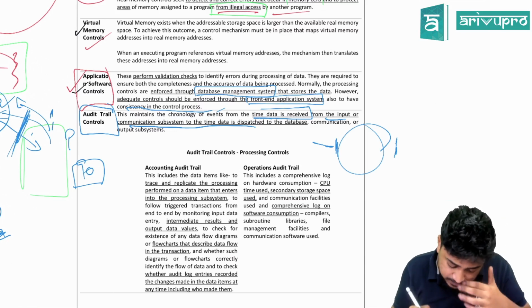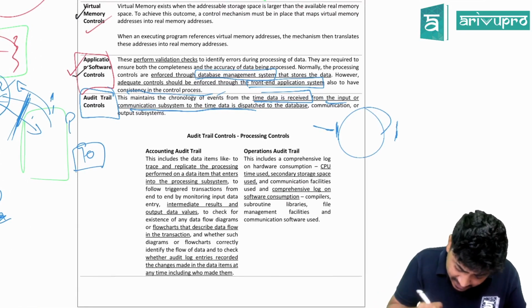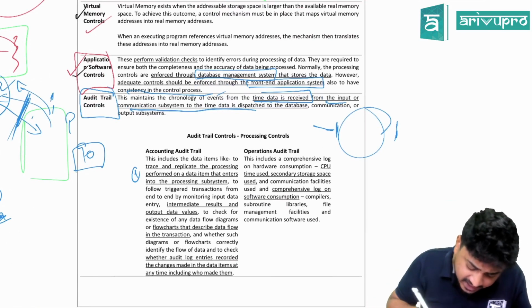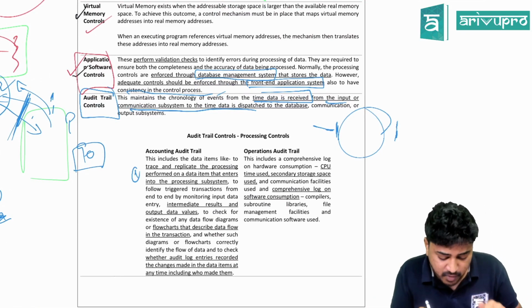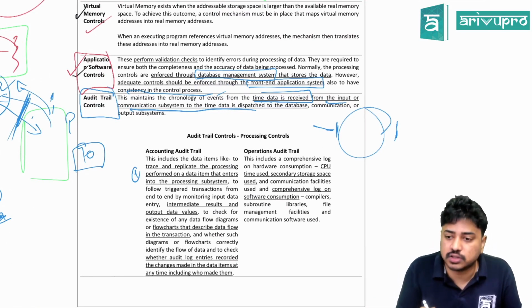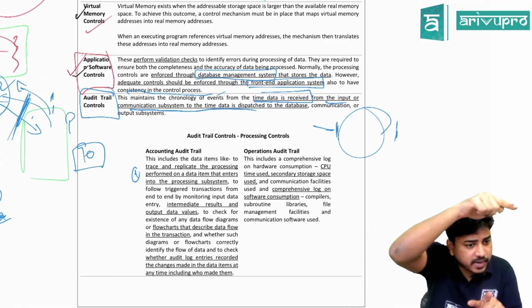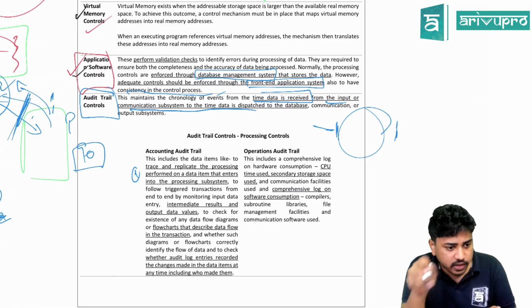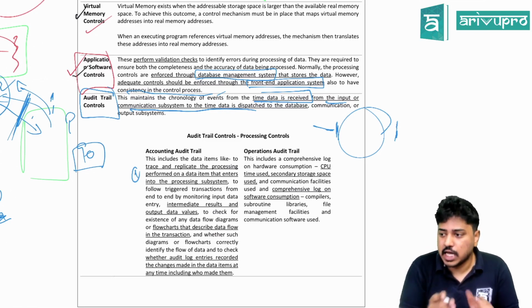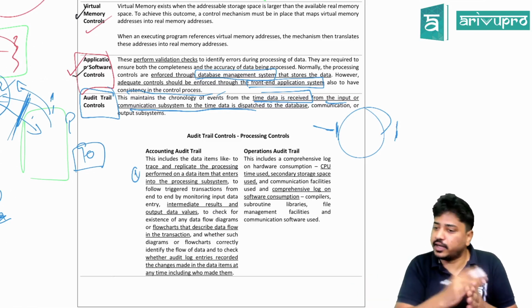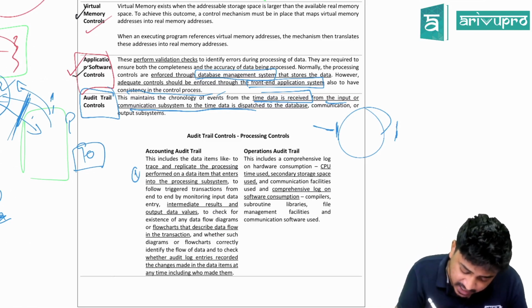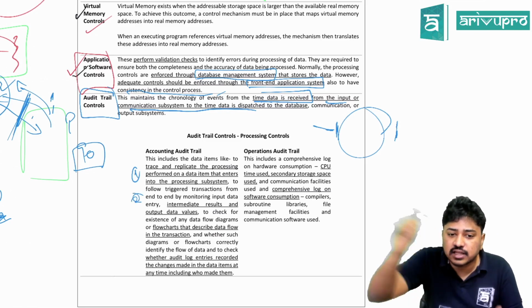What are the events? You need to mug up this, right? Trace and replicate the processing performance of the data items entered in the processing. So you will know what all was processed. If everything is logged, can you reverse it back? Yes, that is one way. Second, you can know what triggered the processing.